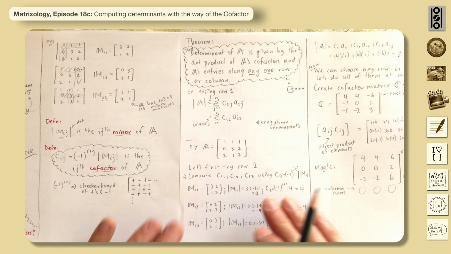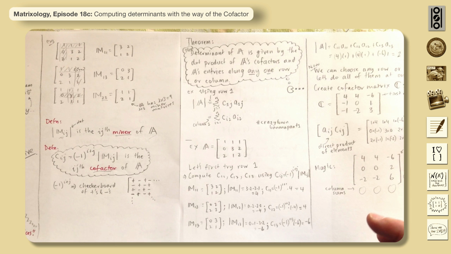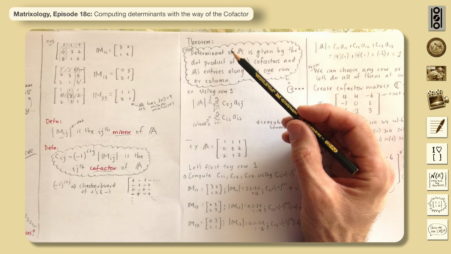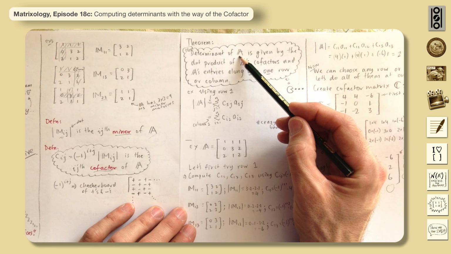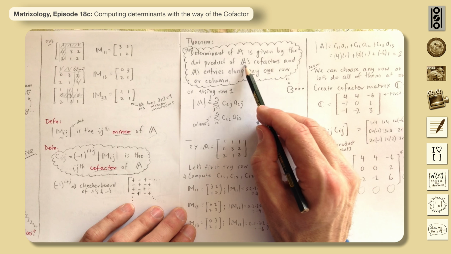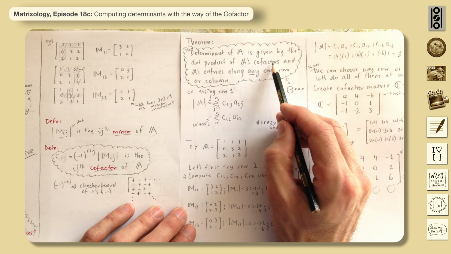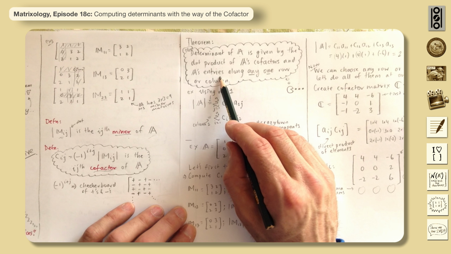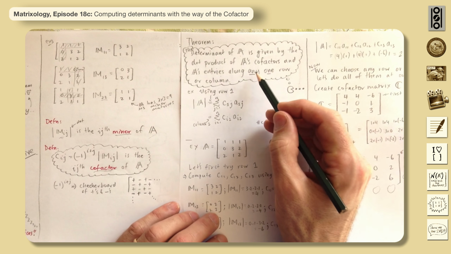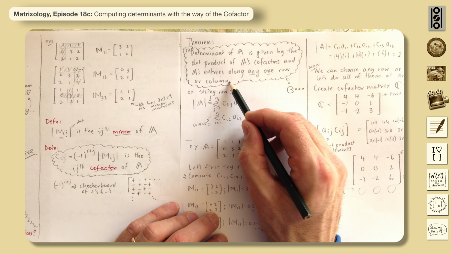So here's a theorem. We're just going to throw this out here. I think a webisode would have to be involved to explain this. The determinant of A is given by a dot product of A's cofactors and A's entries. Classic dot product, along any one row or column.